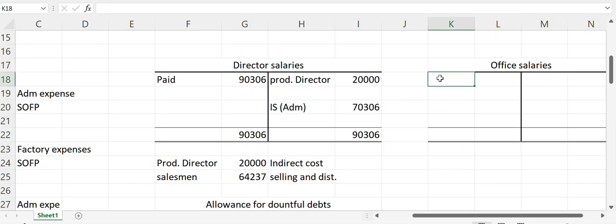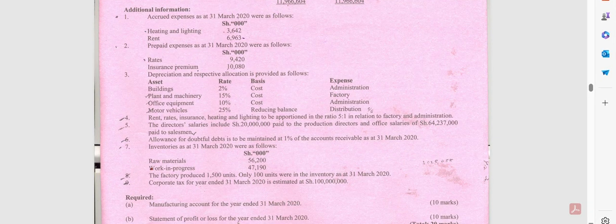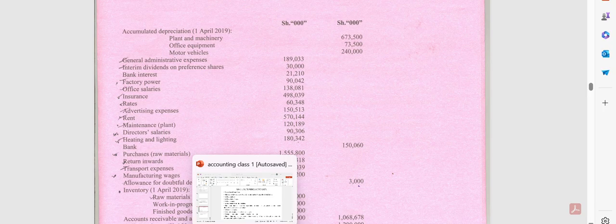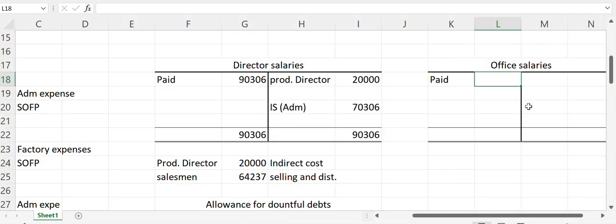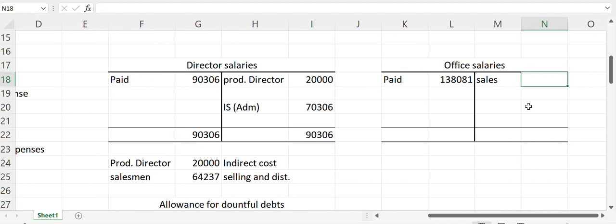So the paid value here was what for office salaries? This is 138,081. Then now we remove for sales, which was 64.